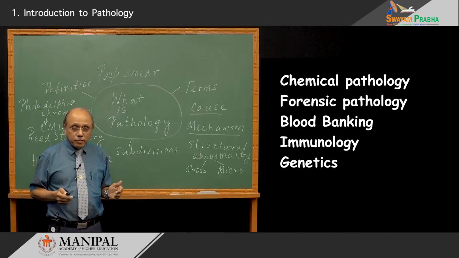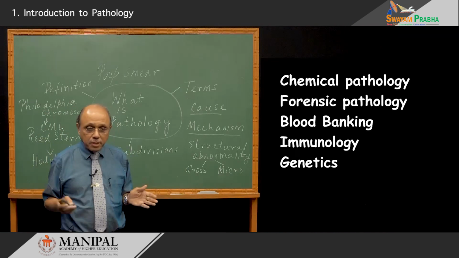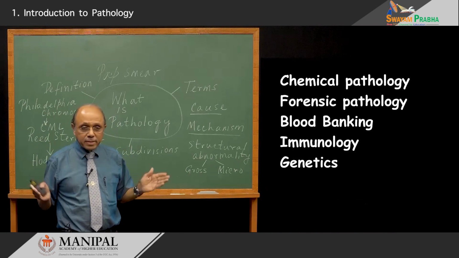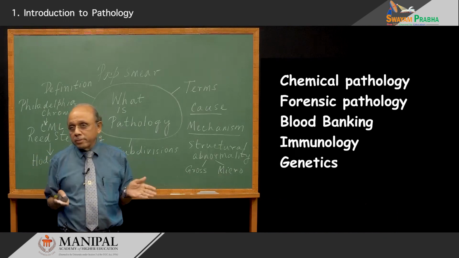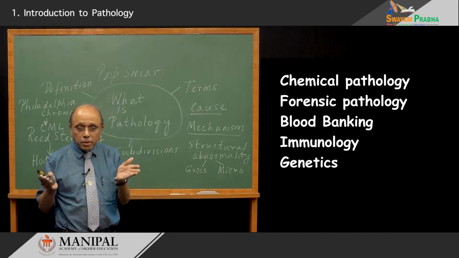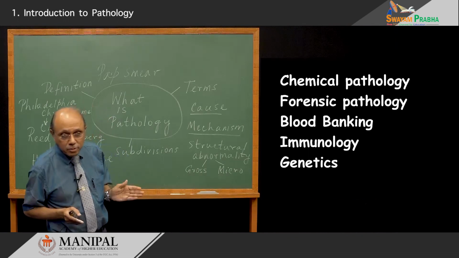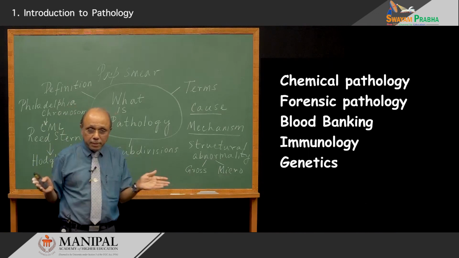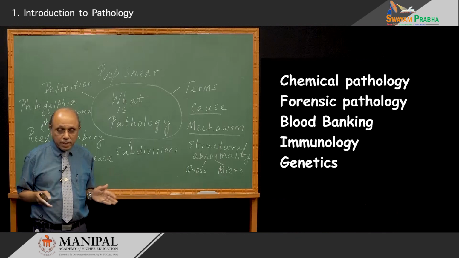Then of course, there are a few other branches which once upon a time used to be under pathology, but today they have all become independent. Chemical pathology, which is actually diagnostic biochemistry; forensic pathology, which is a totally different branch now; medical jurisprudence as it is called; blood banking has become independent; immunology has become independent, and genetics has also become independent.